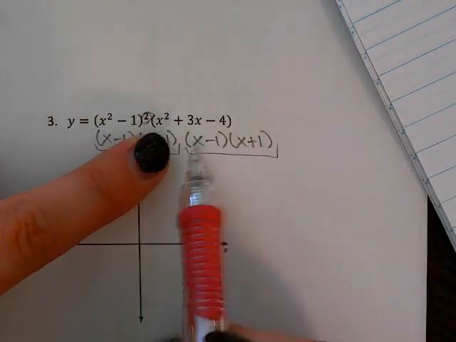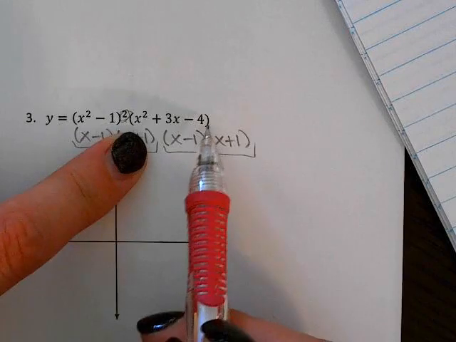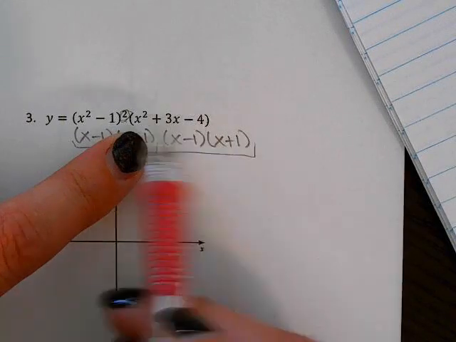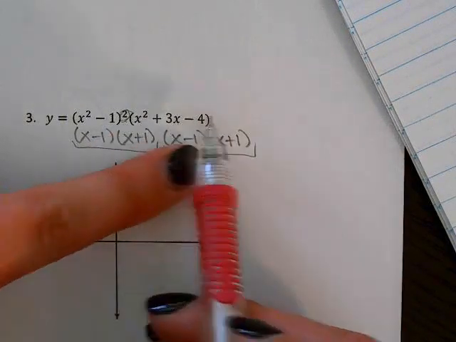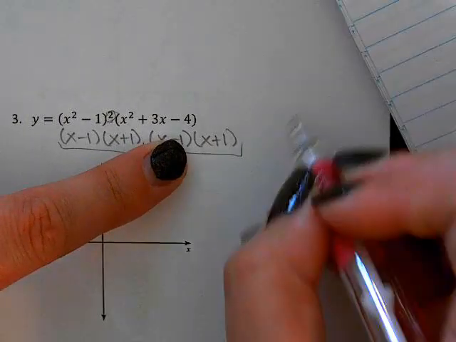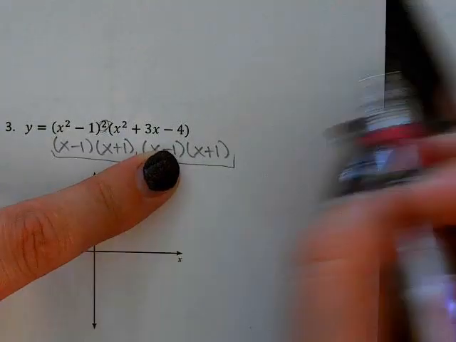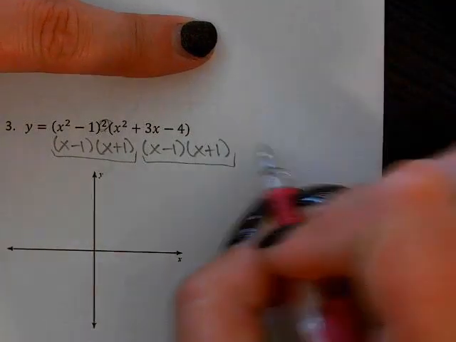All right, we still haven't factored the second one. So for the second one, we're looking for what multiplies to -4 and adds to +3. What are the numbers that do that? 4 and -1.